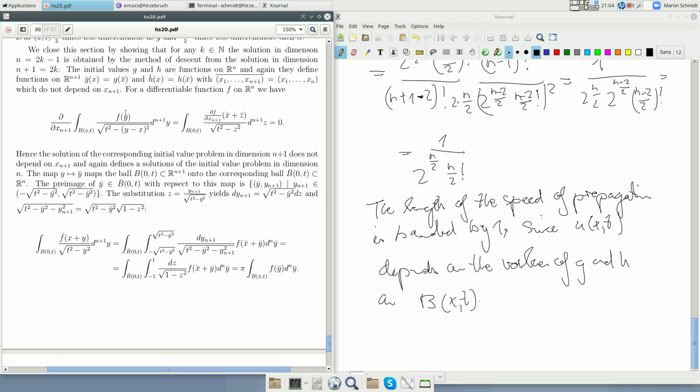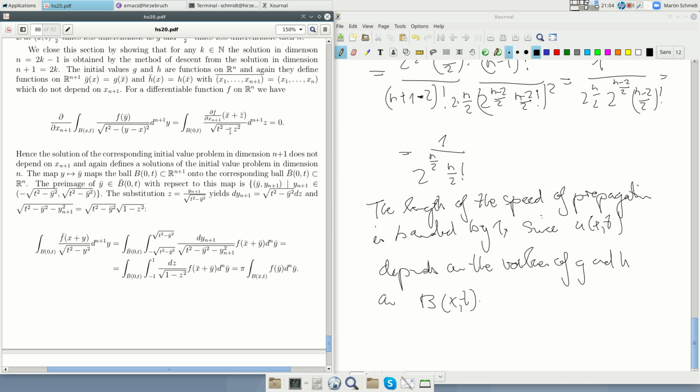So we do the same procedure by going down, and we now show that the mean with this extra weight of a function which doesn't depend on the last variable also doesn't depend on the last variable.